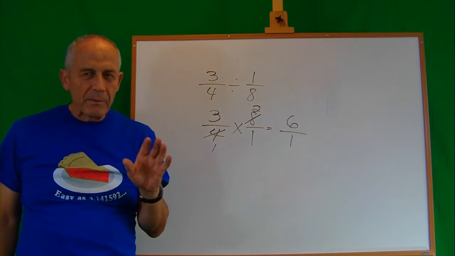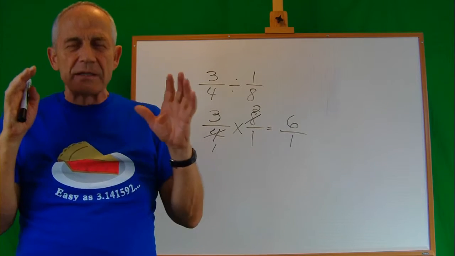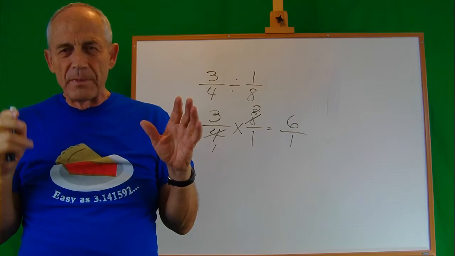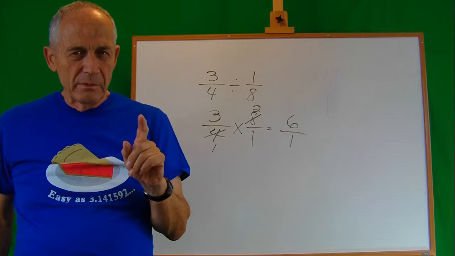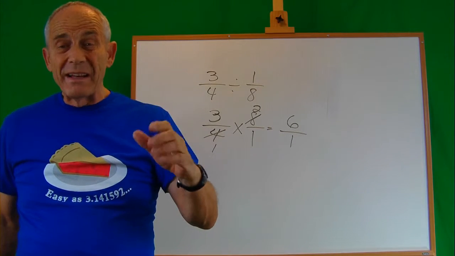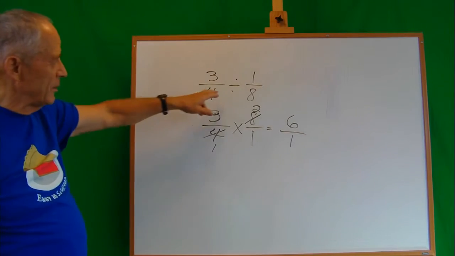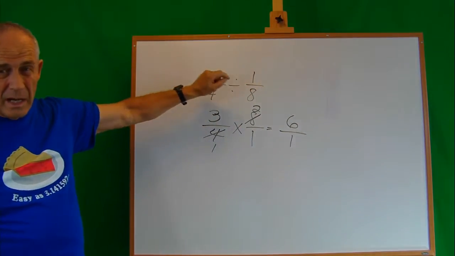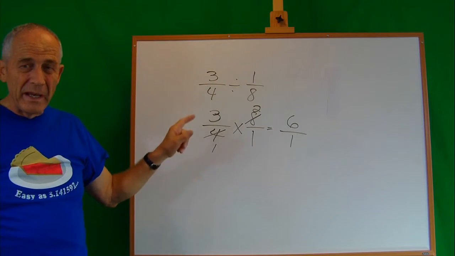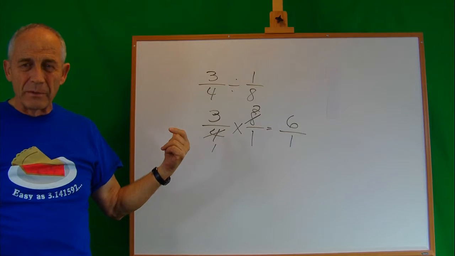Now, there's something we can do here to kind of get a visual image that this actually is true. If you will remember, when we talked about division, we said we want to find out how many groups of something there are in something else. So if I write this, what I want to know is how many 1/8 there are in 3/4.